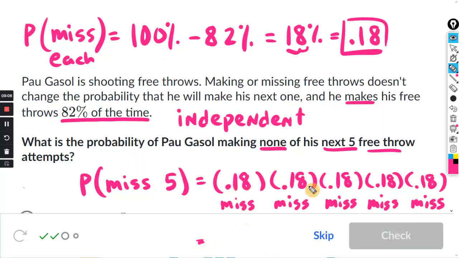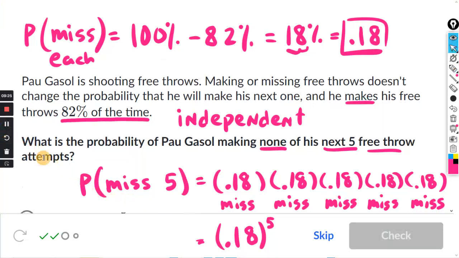Now, you can do that 5 times on your calculator, but when you multiply something 5 times, you can also raise it to the 5th power. So you can do it this way, or you can do it this way, 0.18 to the 5th power. Now, their answers are in a different form.